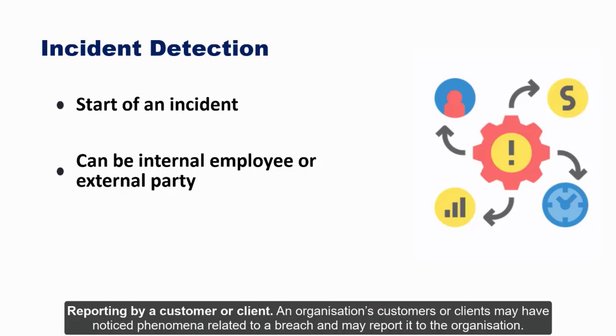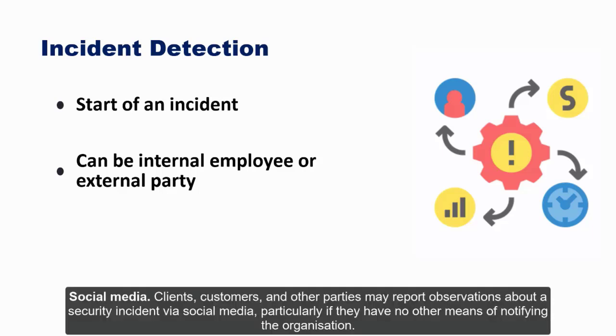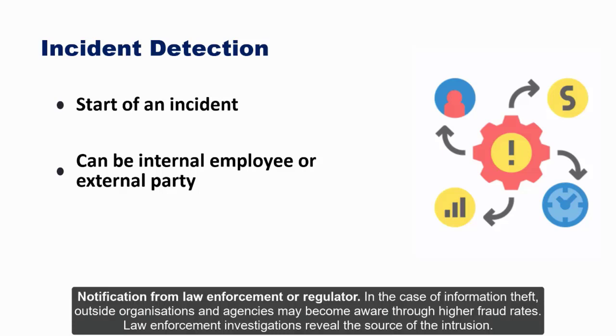An organization's customers or clients may have noticed phenomena related to a breach and may report it to the organization. Social media. Clients, customers, and other parties may report observations about a security incident via social media, particularly if they have no other means of notifying the organization. Notification from law enforcement or regulator. In the case of information theft, outside organizations and agencies may become aware through higher fraud rates.